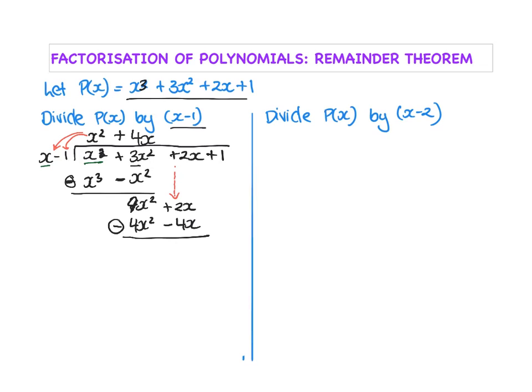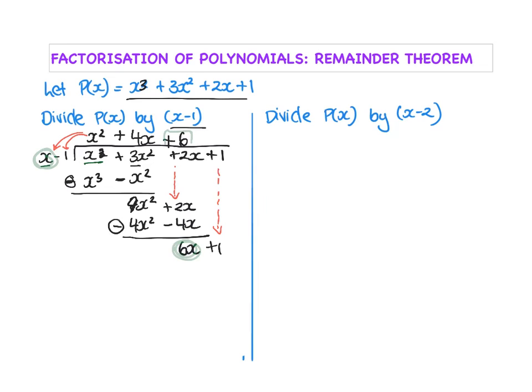So what's 2x minus a minus 4x? 6x. Good. And now we'll bring that 1 down so we can do the last bit again. So what is 6x divided by x? Plus 6, yes? What I did there, just so you're aware, is I did 6x divided by that x, and I put the answer up here.